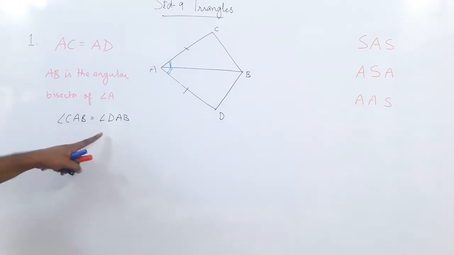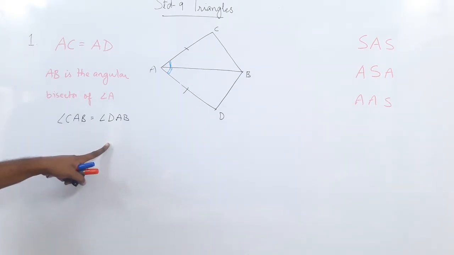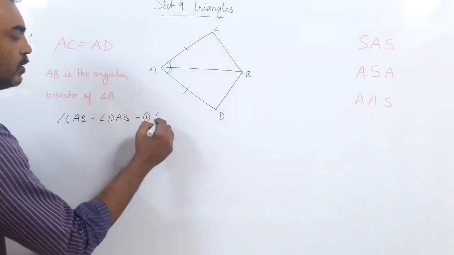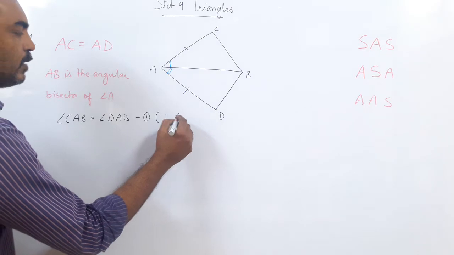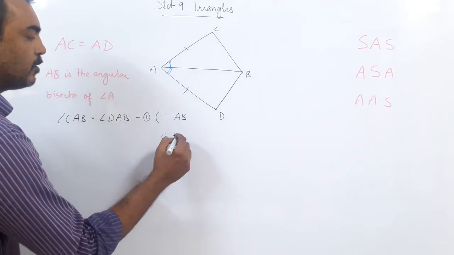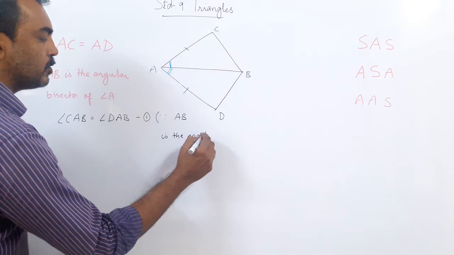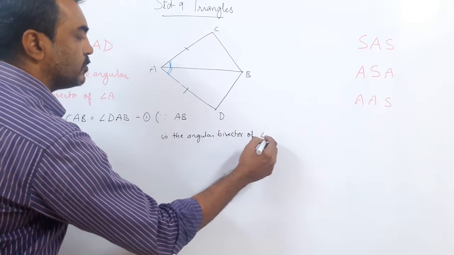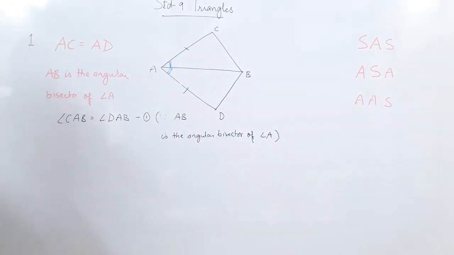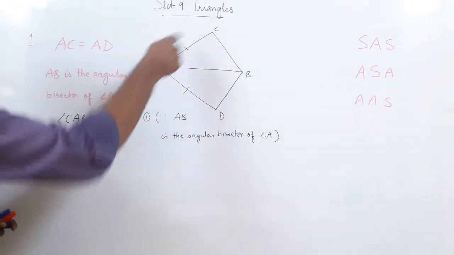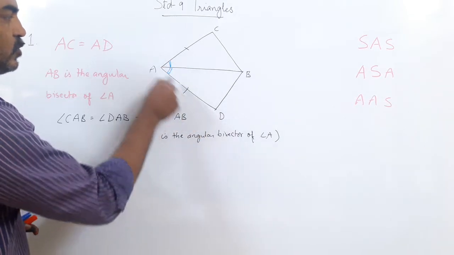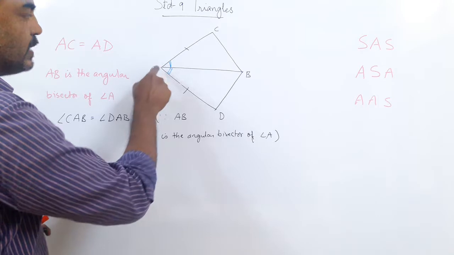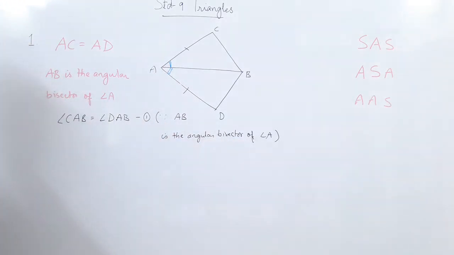Angle CAB equal to angle DAB, because we'll call this result 1, because AB is the angular bisector of angle A. Okay, so we have to write this. So what I have written, angle CAB, this angle, is equal to angle DAB, this angle, because AB is the angular bisector of angle A. This is the result 1.